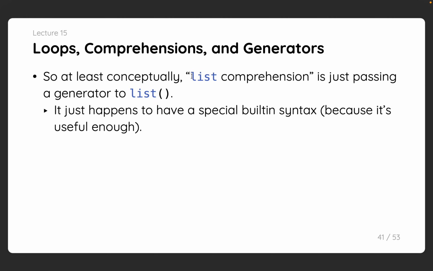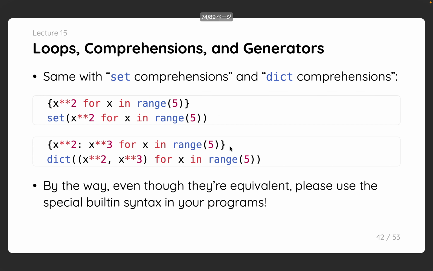So conceptually, whenever we say something like x comprehension, what we actually mean is make a generator, then pass that into x. It just happens that for some x's, say list or set or dictionaries, they have special built-in syntaxes.